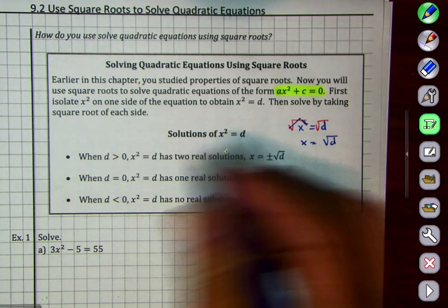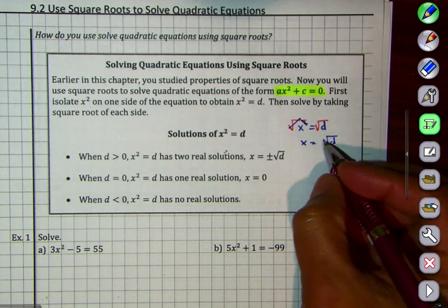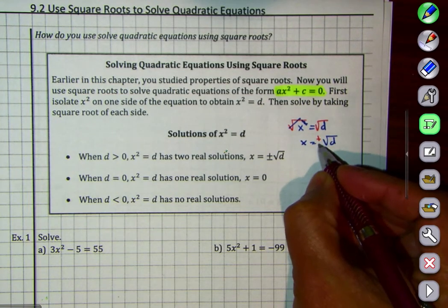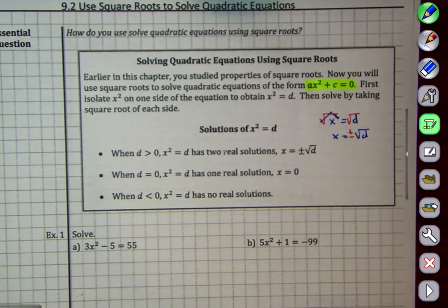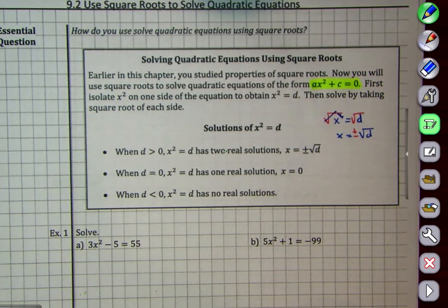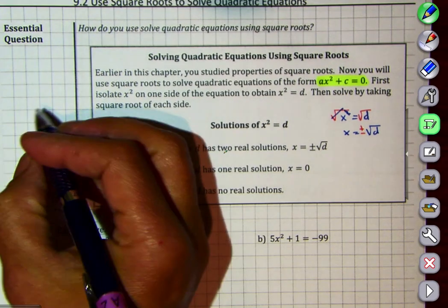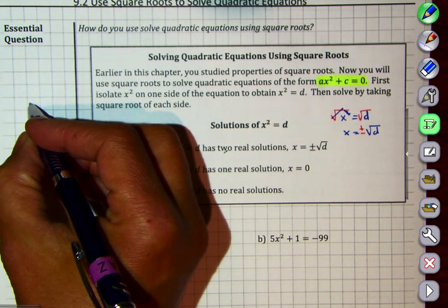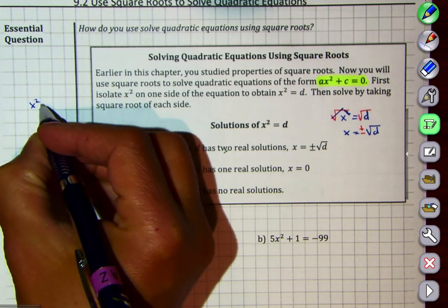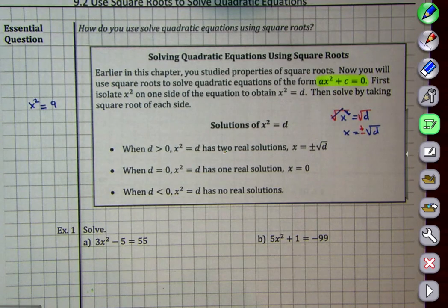Now, one of the things that you have to remember is that every time you take the square root on both sides, you end up with two solutions, plus or minus. And some of you might be asking, why? The main reason that you have to do a plus or minus is, if you have a number, let's say it's 9, what are the possible values for x?